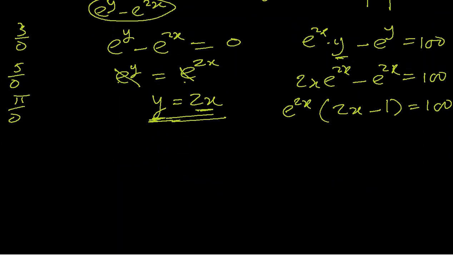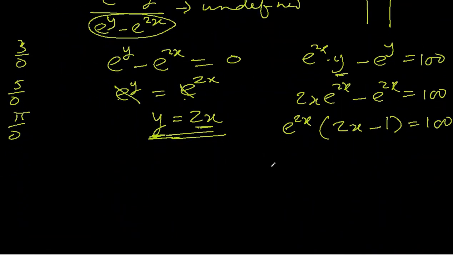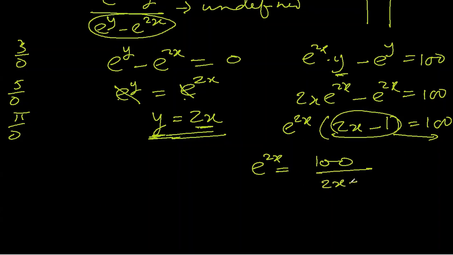Okay. We have to isolate one of the x's because there is a ln in what we want, right? So e to the power 2x stays here, and this 2x minus 1 goes and becomes the denominator by cross multiplication: 100 divided by 2x minus 1.